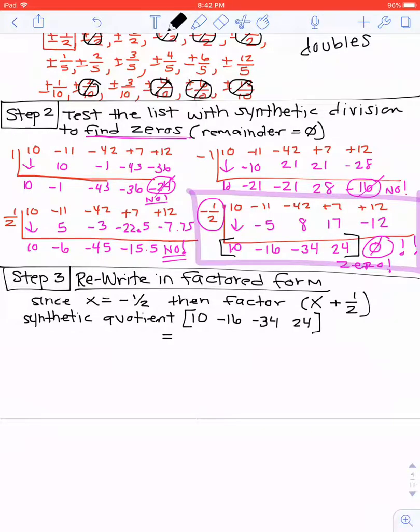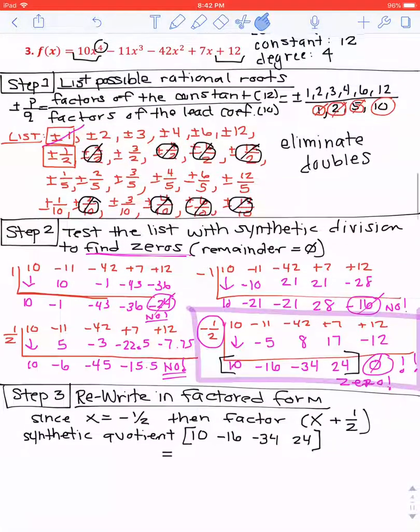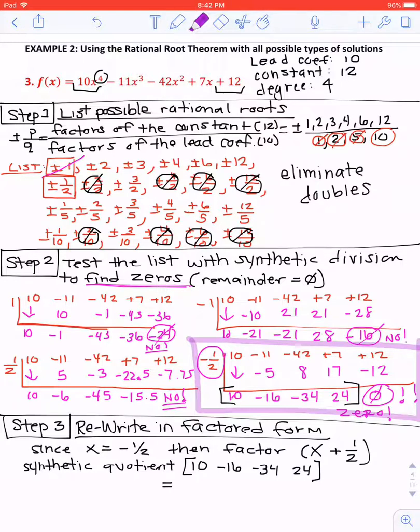So we started with this x to the 4th. So our first step of synthetic division reduces it down to x to the 3rd. So this is representing 10x to the 3rd minus 16x squared minus 34x plus 24.